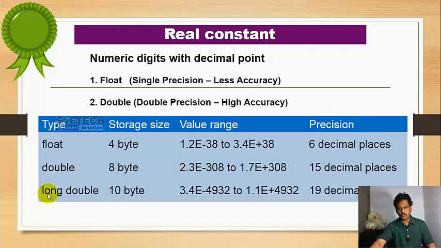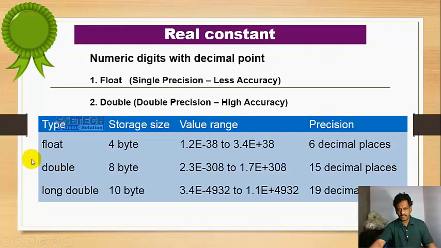We can also use long for double. So the type modifiers are four types: short, long, signed, unsigned. Signed and unsigned are applicable only to integer and character. In real constants, we can apply the long type modifier to double only.